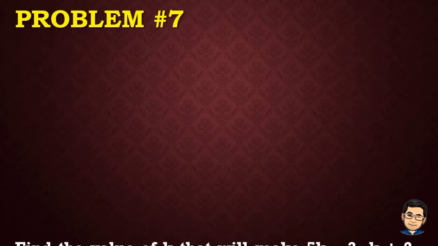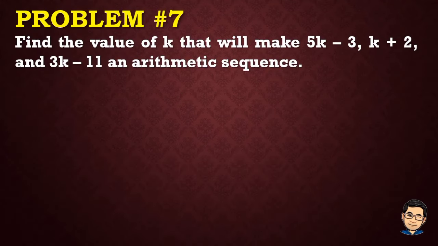So for our next problem, find the value of k that will make 5k minus 3, k plus 2, and 3k minus 11 the terms of an arithmetic sequence. So, di ba, 3 terms form an arithmetic sequence. So, ibig sabihin, common yung difference nila dito.